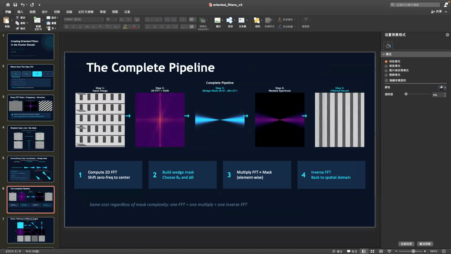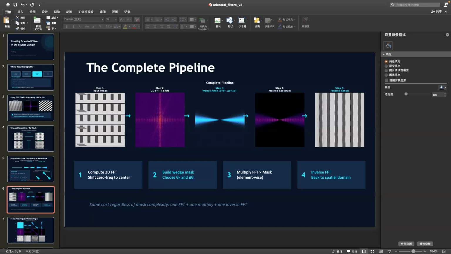Pick your target angle theta zero and your bandwidth. The bandwidth is how much angle difference you want. We have to do two symmetric wedges.